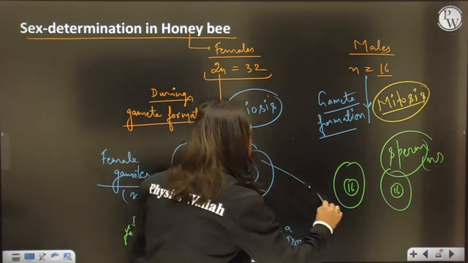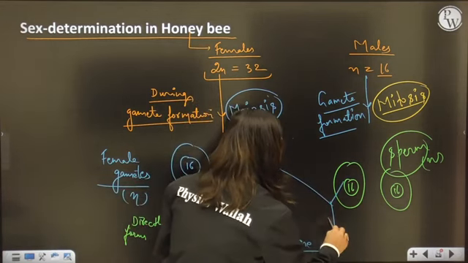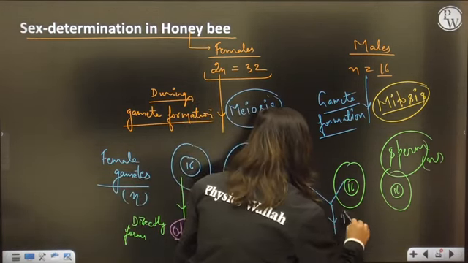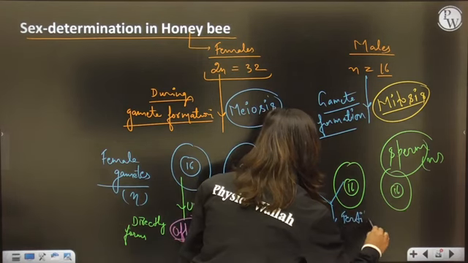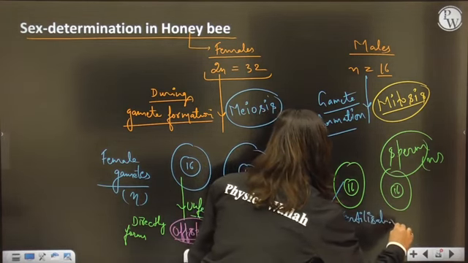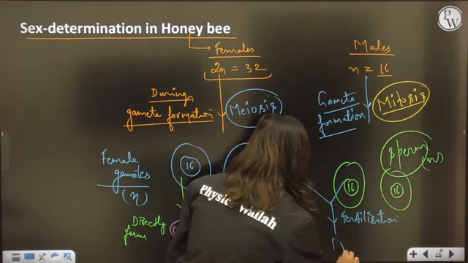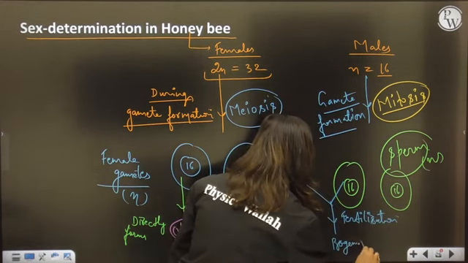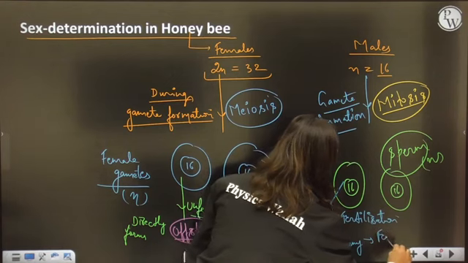And if the female gamete fuses with the male gamete, that means whenever fertilization occurs, the progeny will always be a female.